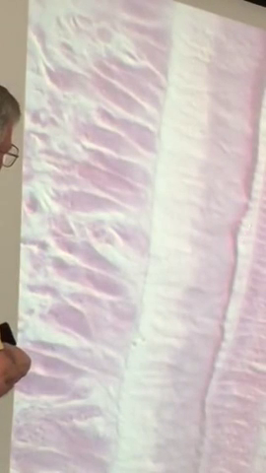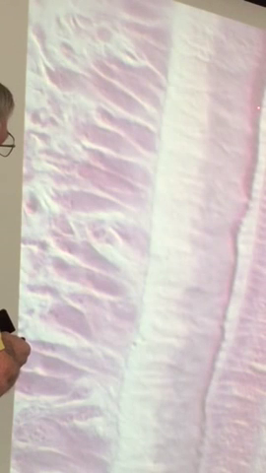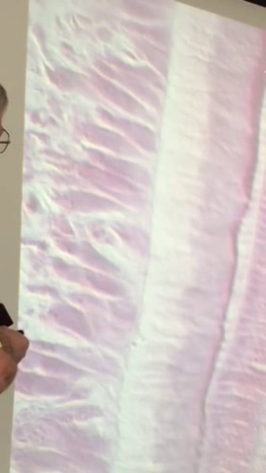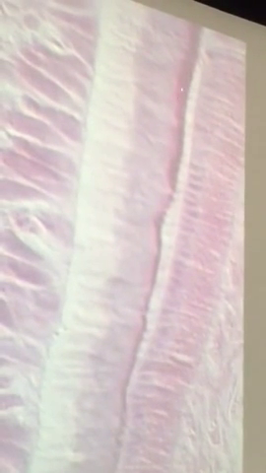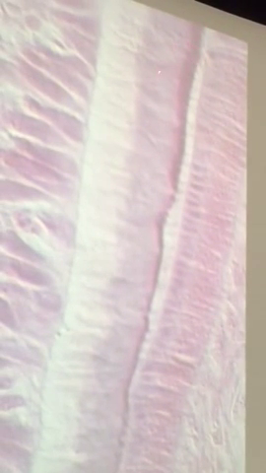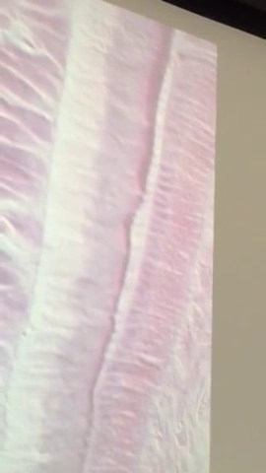So there are Tomes processes right there, right there. There are the ameloblasts. There's a little bit of enamel right there. We've got dentin and predentin. So, ameloblasts in the formative stage.